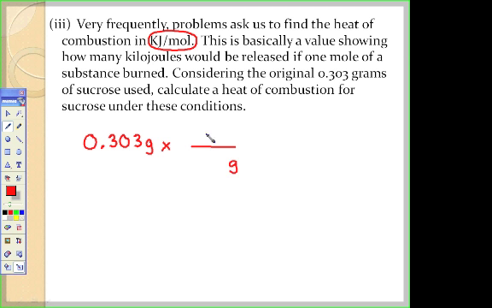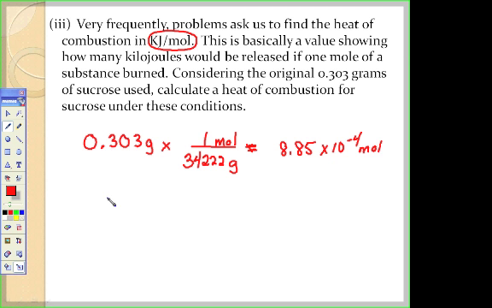Mass to moles, use molar mass. We know that. And that molar mass is 342.22 grams. And that's going to give us 8.85 times 10 to the minus 4th moles of sugar.